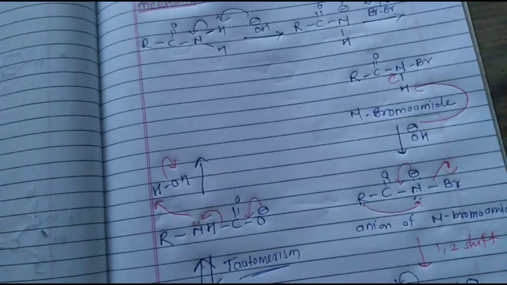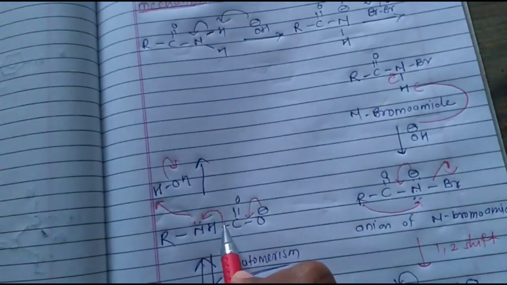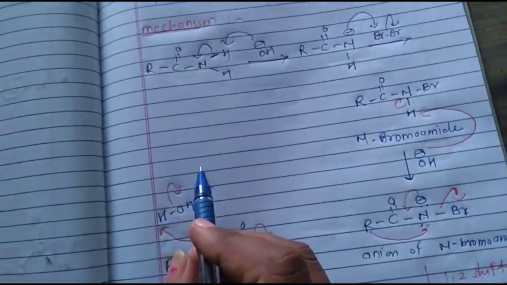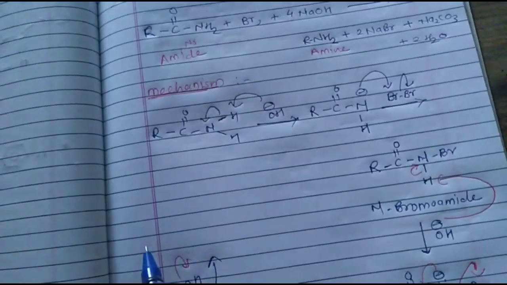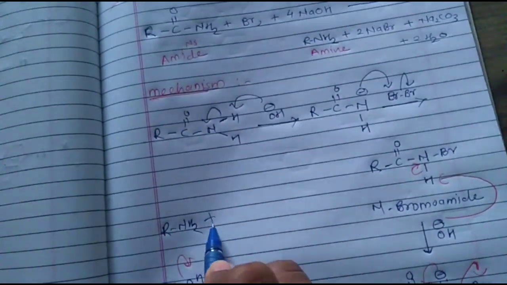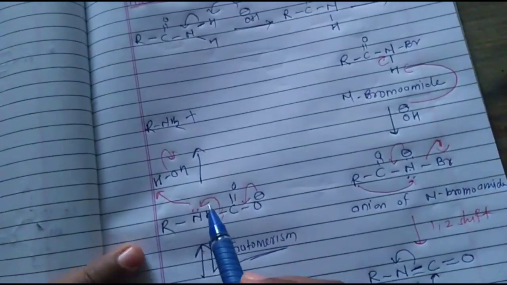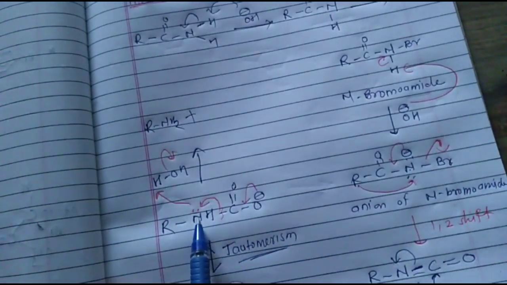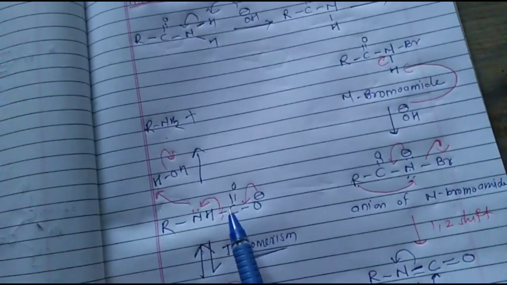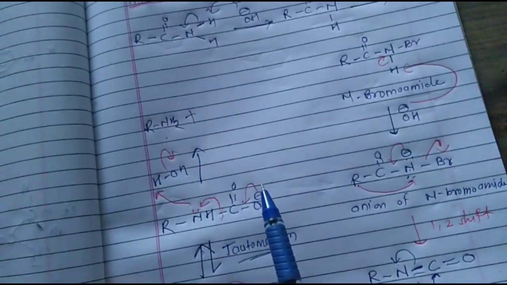What will be the product? There is a formation of a product, that is RNH2 plus. Here there is RNH, and this NH is attached to a hydrogen, forming RNH2. Then by breaking of this bond, there is a formation of CO2.